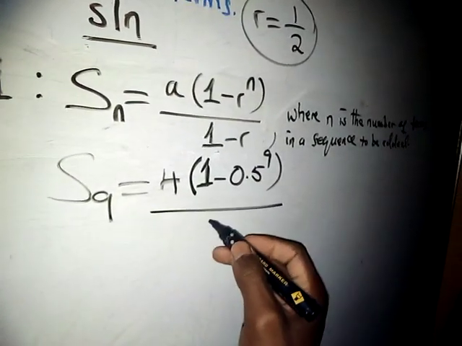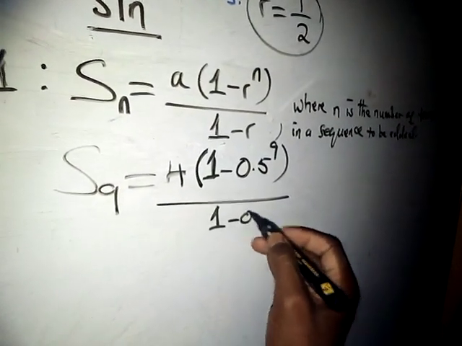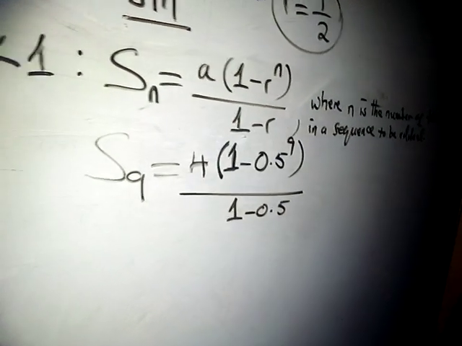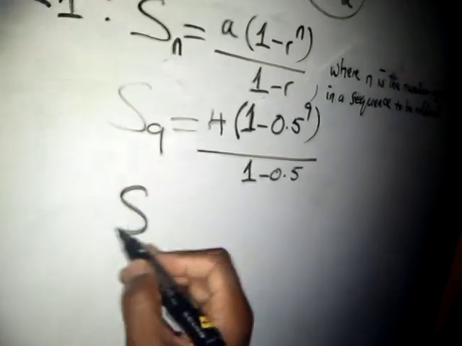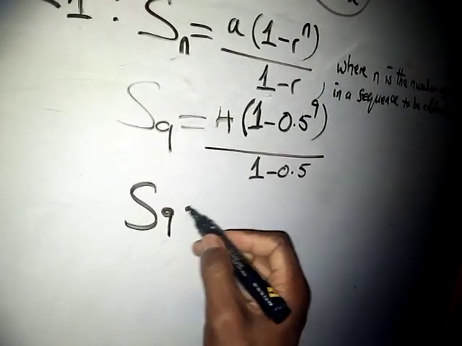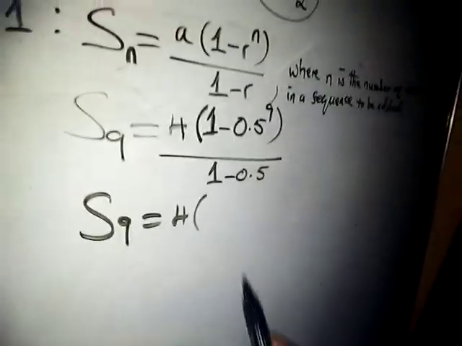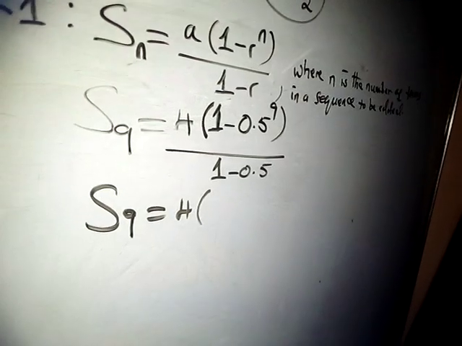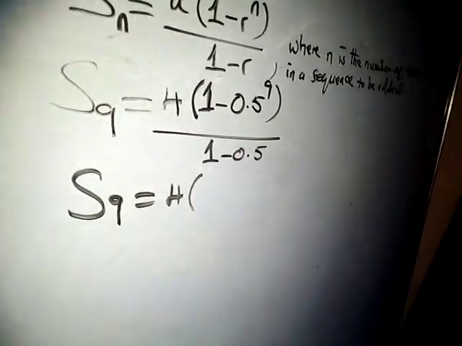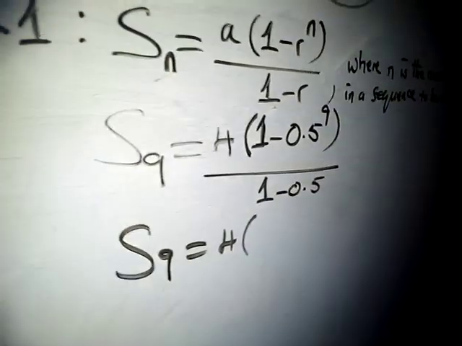Close everything, we have 1 minus half. Once you do this, you continue, the sum of the first 9 terms equals to 4. You open the brackets, you try to work out what is inside here. You can easily compute this by using the calculator.